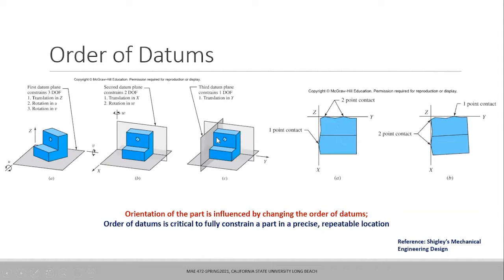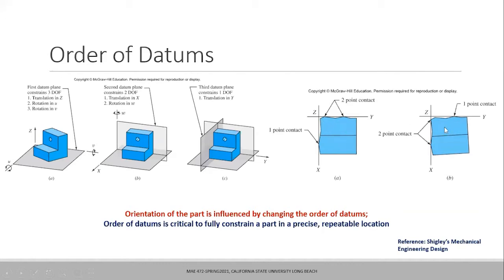So this part is fully constrained if I put it on the bottom face, then press it against the back face and also on the side face. Now, if I press this part against the YZ plane first and then on the XZ plane later, I will get this orientation.